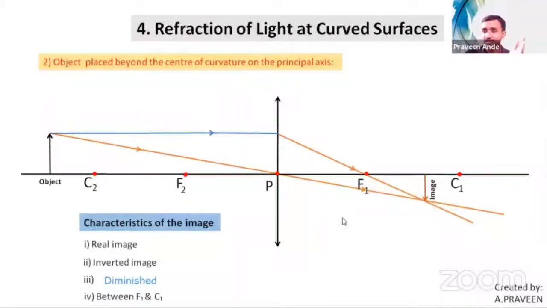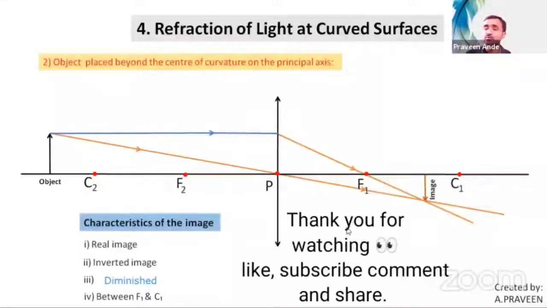If the image is observed on the same side, we call it virtual. Inverted means below the principal axis. If the image is above the principal axis, then it is called an erect image. Then if the size is smaller, it is said to be diminished. If the image size is greater than the object, it is said to be a magnified or enlarged image. Then see the position.